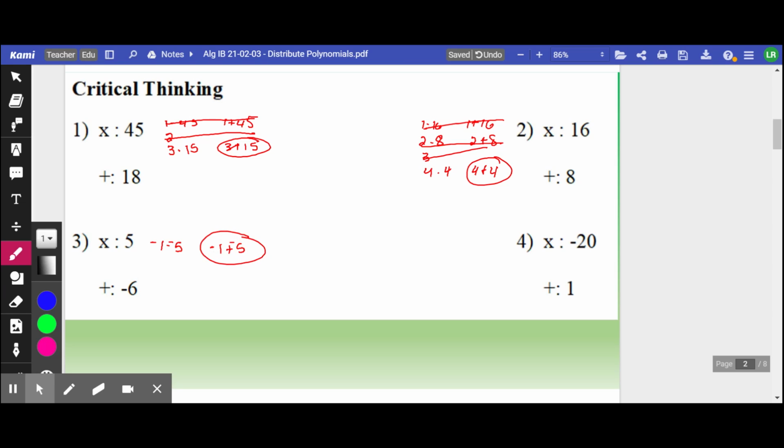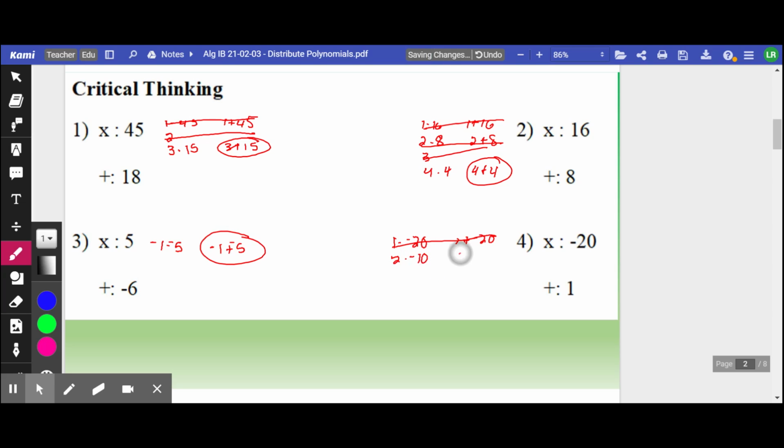Down to our last one, number 4, multiplies to be negative 20, adds to be 1. Well, start off with 1 in the number. 1 times negative 20 is negative 20. 1 plus negative 20 is negative 19, so not it. 2. Negative 20 divided by 2 is negative 10.